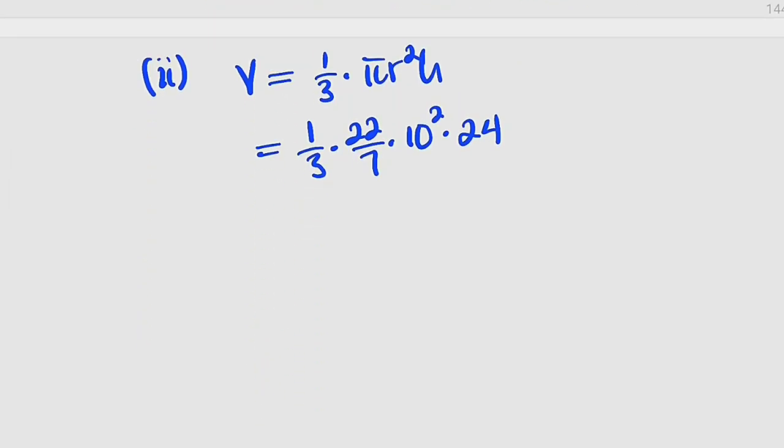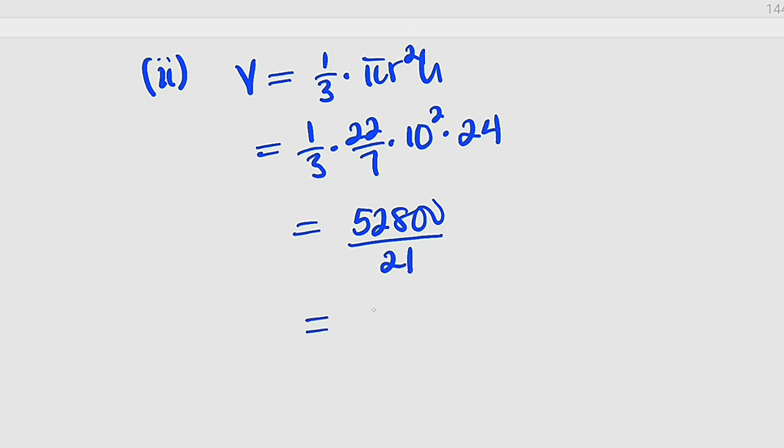So let's evaluate. 1 multiplied by 22 multiplied by 100, because 10 squared is 100, then multiplied by 24. Altogether, this will be 52,800. Then we divide by 3 multiplied by 7, which is 21.